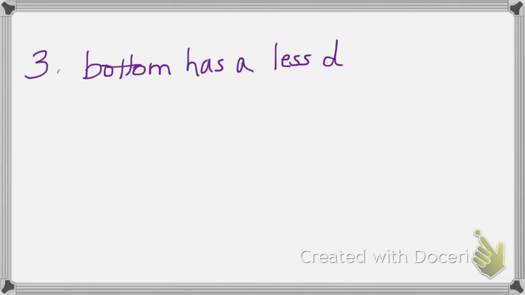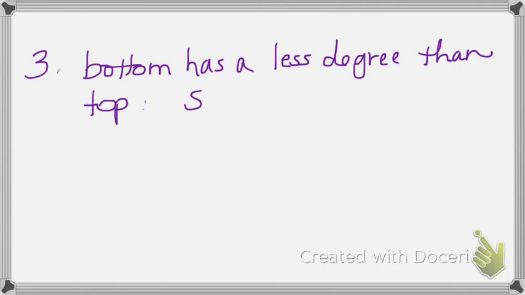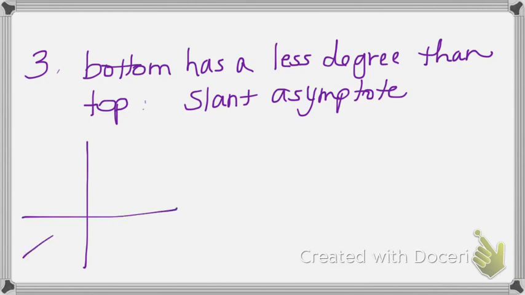The third case is if the bottom has a lesser degree than the top. That means that there is a slant asymptote. And I just want to remind you real quick what a slant asymptote looks like.